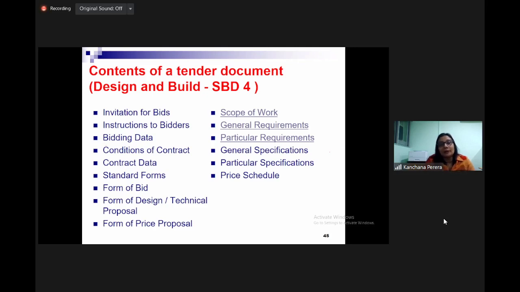Otherwise, there will be so many items which are not in the price schedule, which will come as variations later when we introduce new things. So we have to prepare a good price schedule. We must give the conceptual design, not the detailed design. But bidders can come up with changes to that conceptual design. That's why we evaluate the design and technical proposal first.